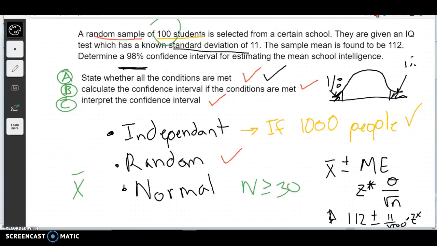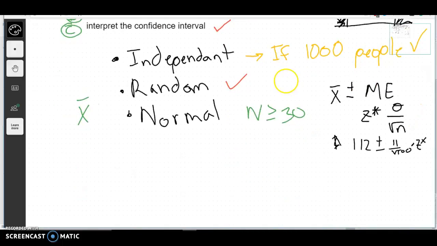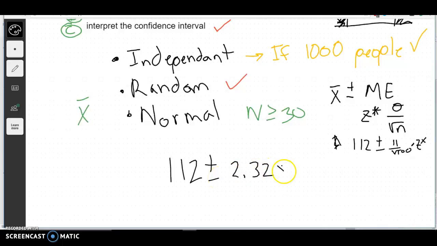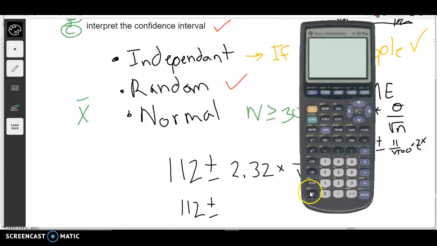So when we calculate this, we'll have 112 plus or minus 2.32 times 11 over the square root of 100. So that would be 112 plus or minus, and then we'll just throw all this into a calculator.